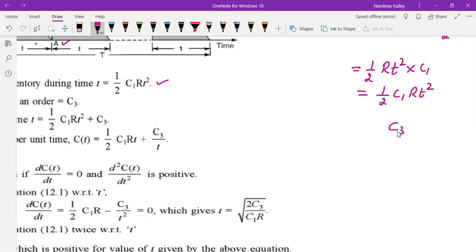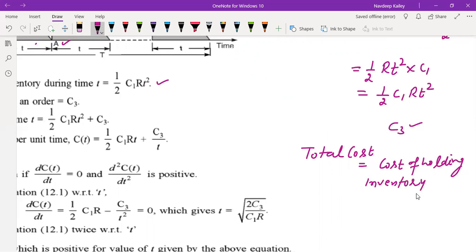Therefore, the total cost is the cost of holding inventory during time t plus the ordering cost to place an order.